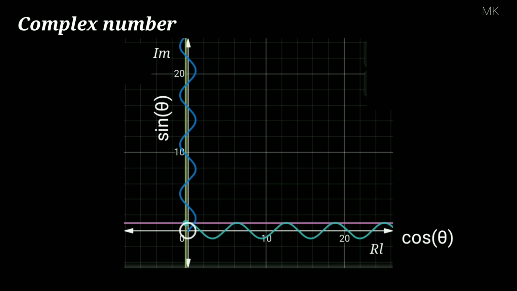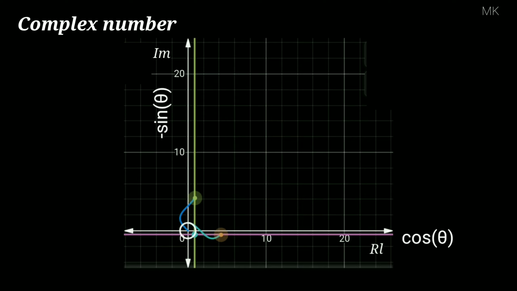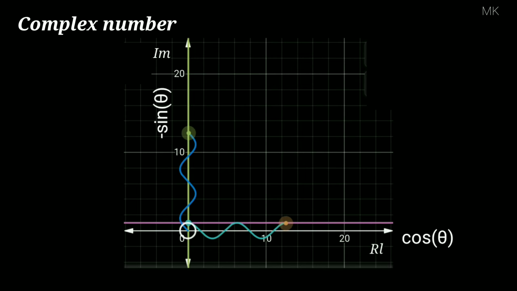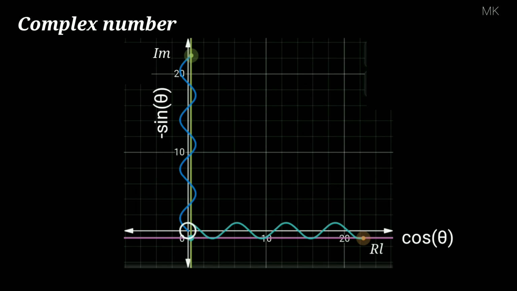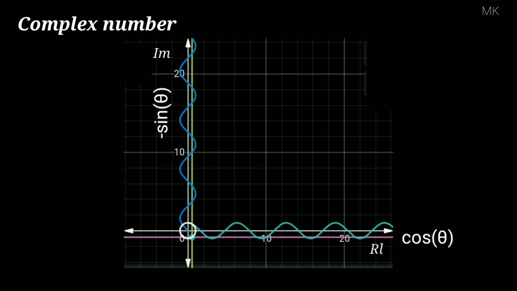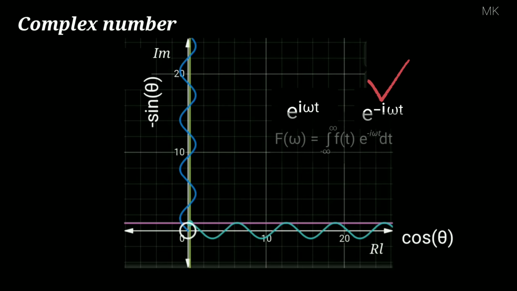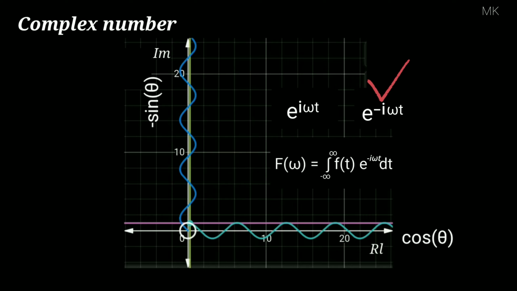So to get a positive direction, let's change the sign of the sine function, and see what happens. See, we get anti-clockwise rotation, which is the positive direction for us. Thus, to get anti-clockwise rotation, we use e power minus i theta instead of e power i theta. Similarly, we will use e power minus i omega t instead of e power i omega t in our Fourier transformation equation.